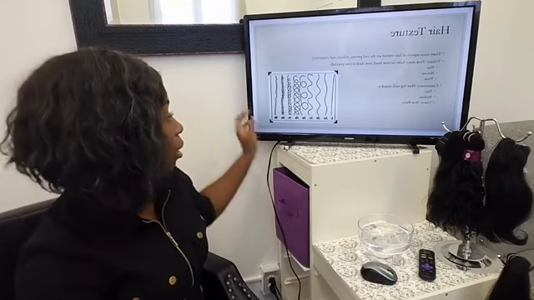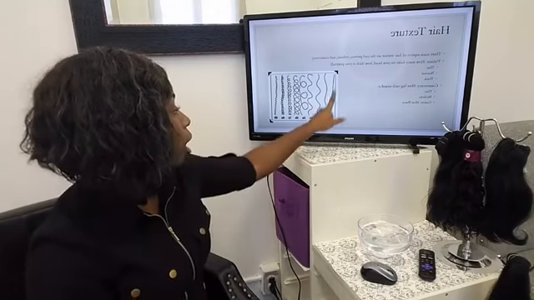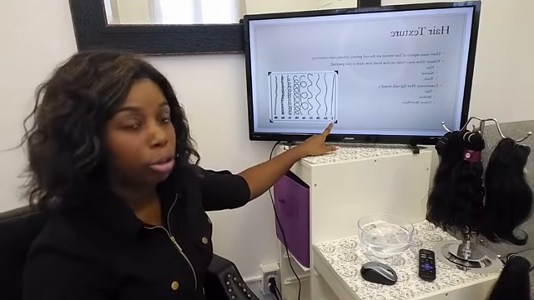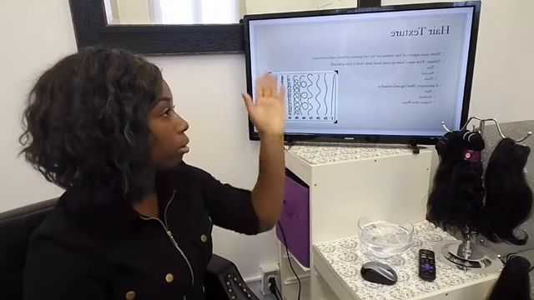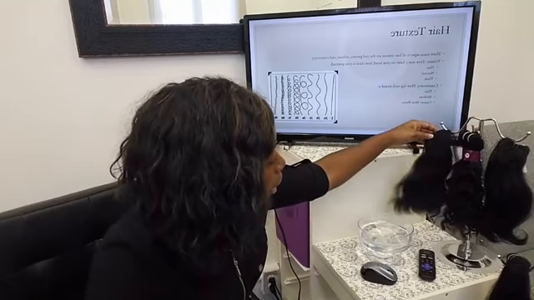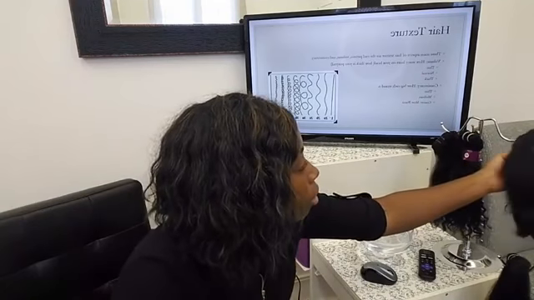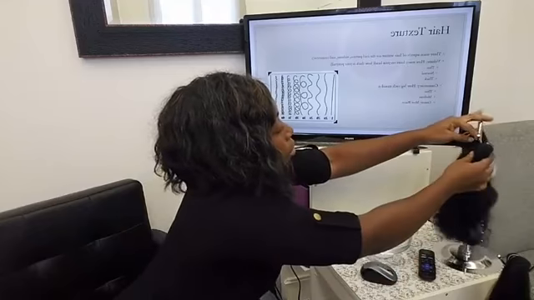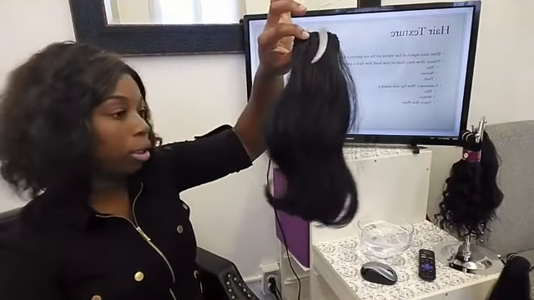And here is the chart. Don't know if you all can see it very well from here, but this is a curl pattern chart. One is straight. 2A is a little bit of a wave. So probably, see if I can find one, probably this hair right here would be considered a 2A.